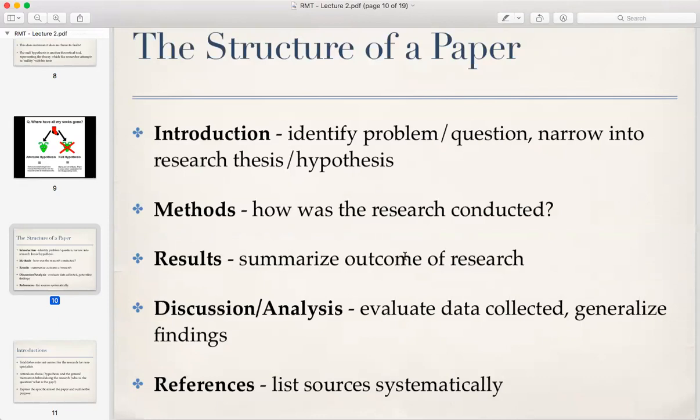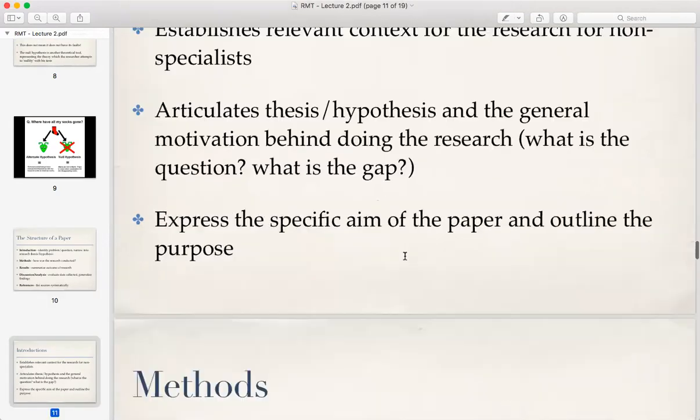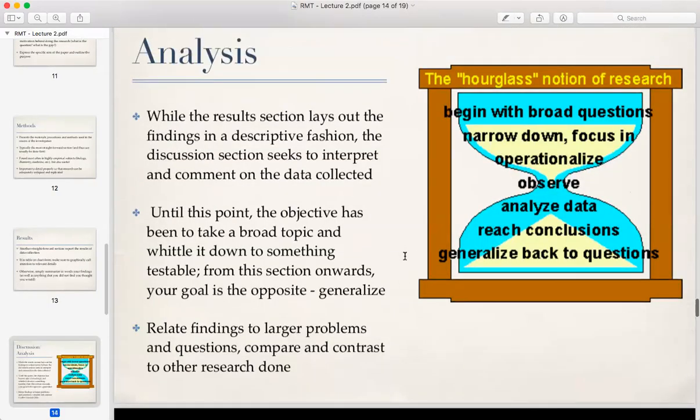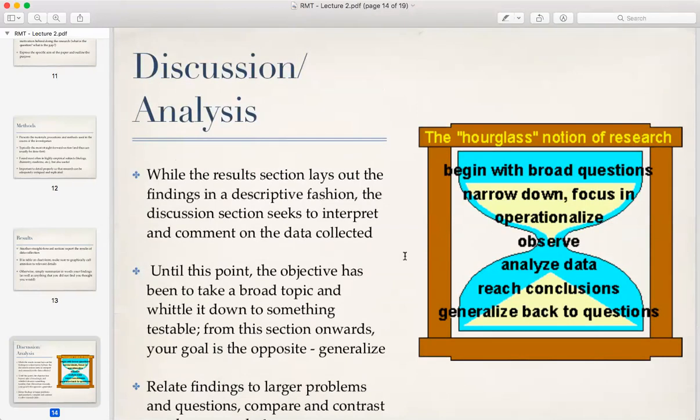An interesting concept here is that the shape of this structure resembles an hourglass. So actually, if we go down to it, this is the hourglass notion, right? You begin with very broad questions, and then in the methods you're narrowing down, and in the results you're narrowing down even further.